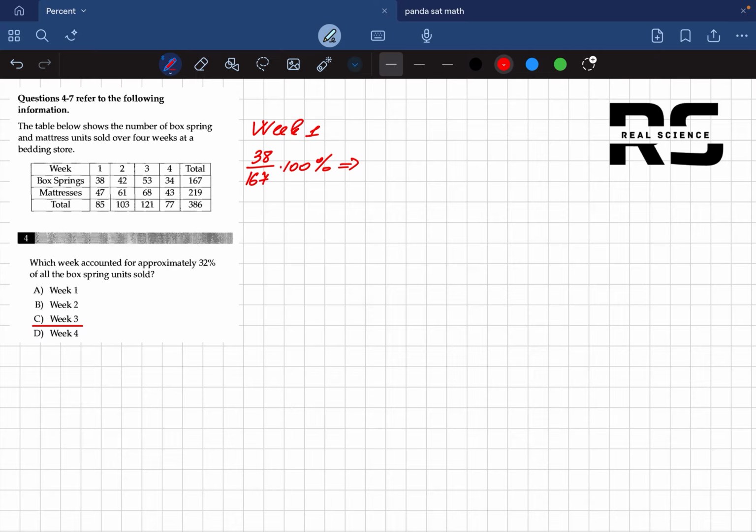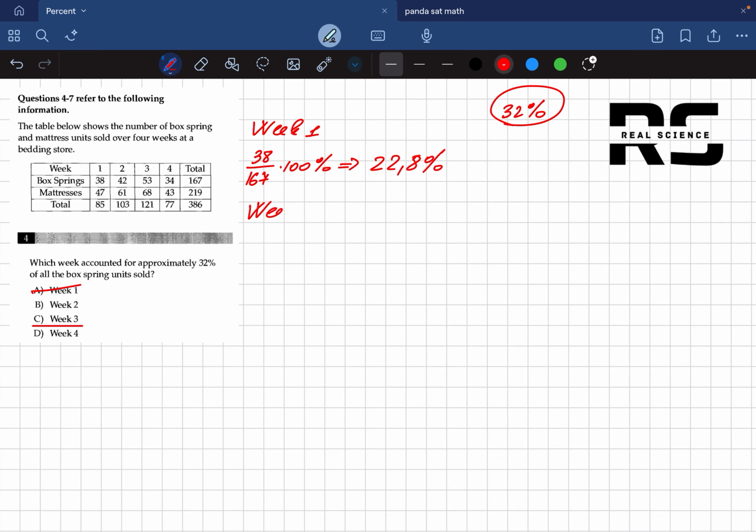For that, let's just use a calculator. So 38 divided by 167 times 100. That's approximately 22.8%. But we are asked to find the one that accounts for approximately 32%. So week 1 is not our answer. So we can just erase it.